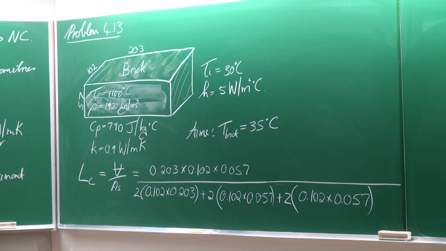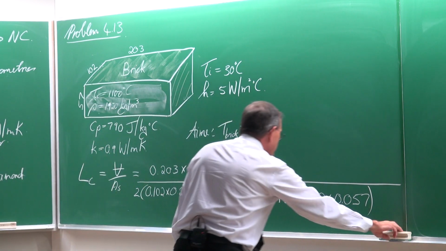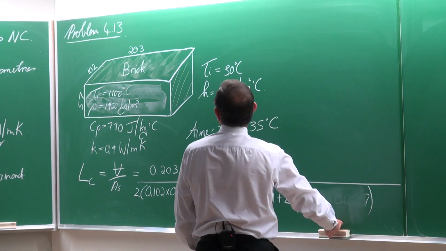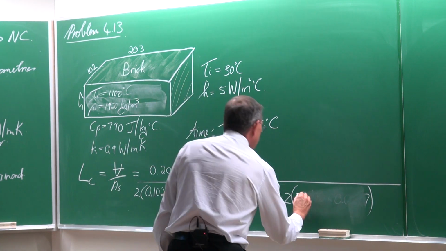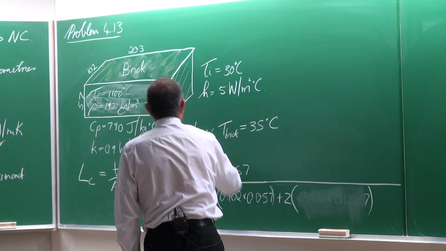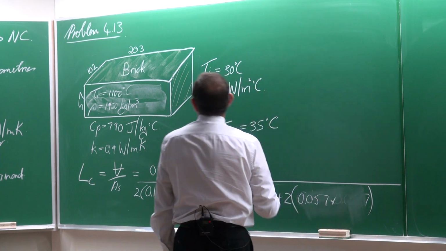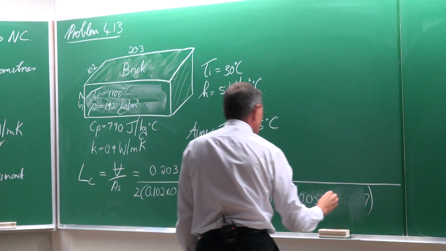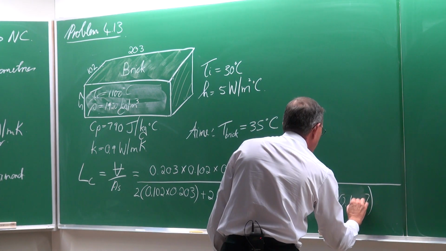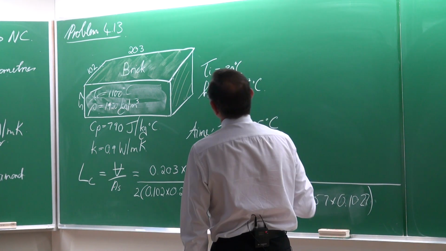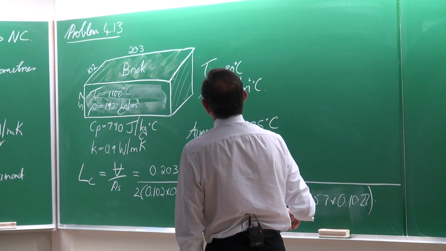So we use 0.102 times 0.0575. Oh, sorry. This area, okay, so it's this area, so it's that distance, 0.057 multiplied by 0.102. Is that right?